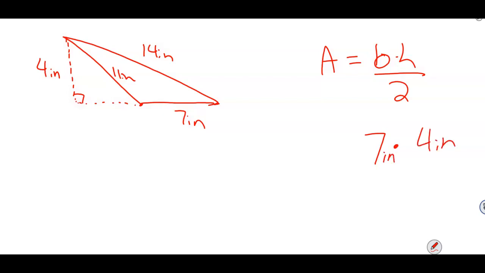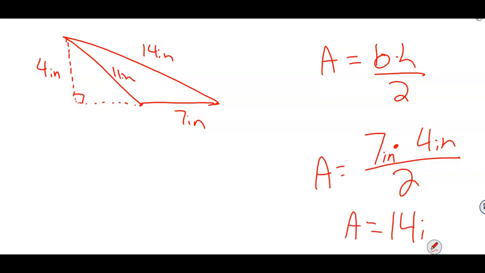Times 4 inches. Then we divide by 2. 7 times 4 is 28. 28 divided by 2 is 14 inches squared.